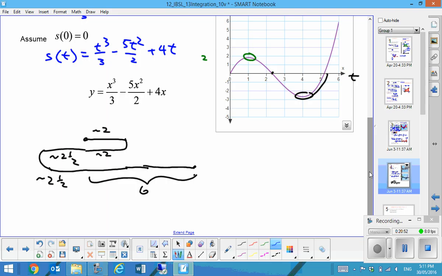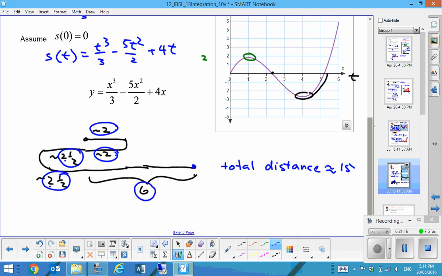So our total distance is approximately 15, because we've just added 2 plus 2 plus 2.5 plus 2.5 plus 6. And that's where we've ended up at time 6, time 0, time 1 when we did the turnaround, time 4 when we did the turnaround. Here's your origin.